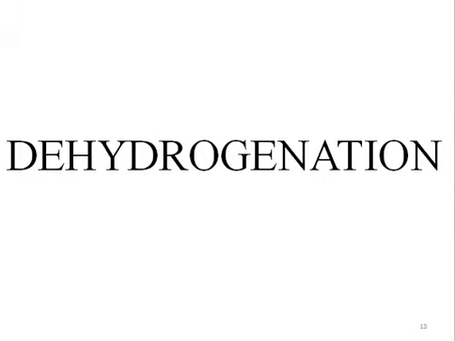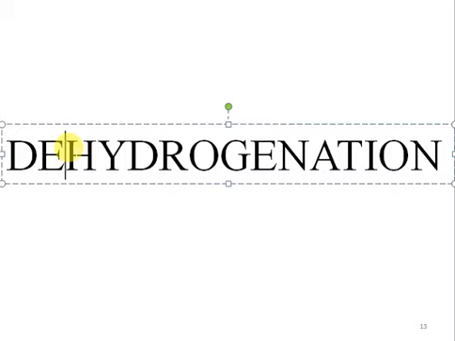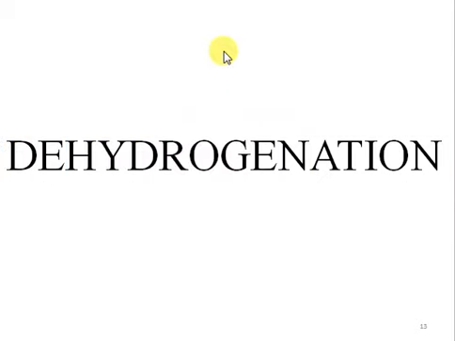Now let's see about the dehydrogenation reactions. De means removal, and hydrogenation is a term that includes hydrogen, right? De-hydrogenation means removal of hydrogen. So those reactions that involve dehydrogenation involve loss of hydrogen.